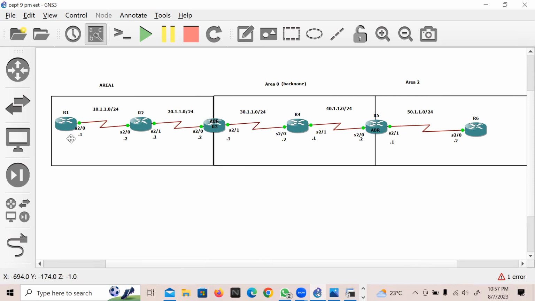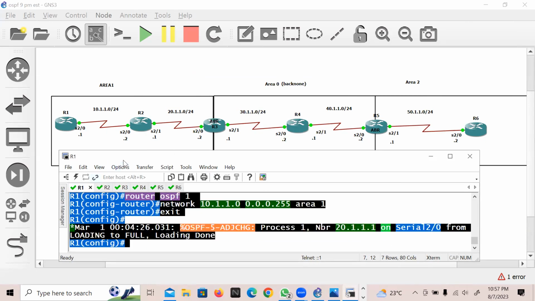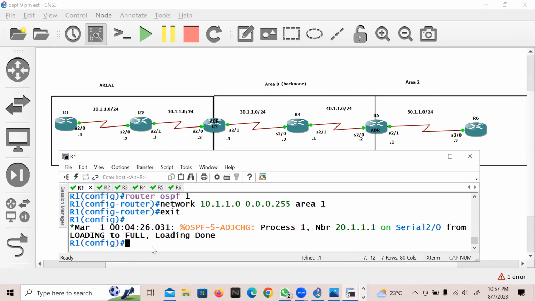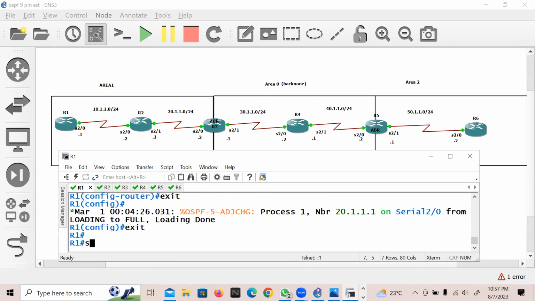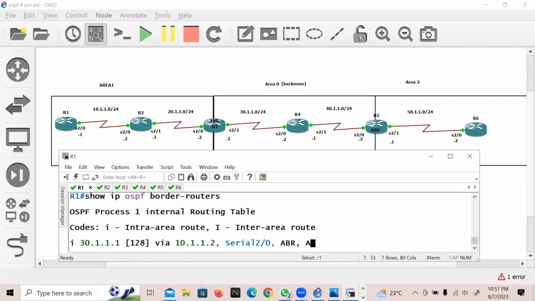But how will other routers know this is my ABR router? You can check this. You can go on R1. If you don't know, you can simply type show ip ospf border-routers.